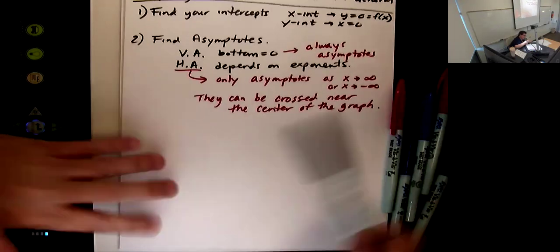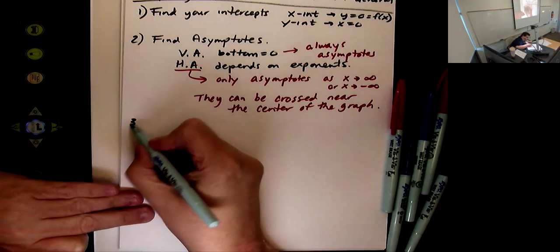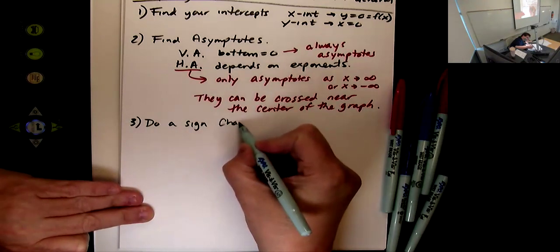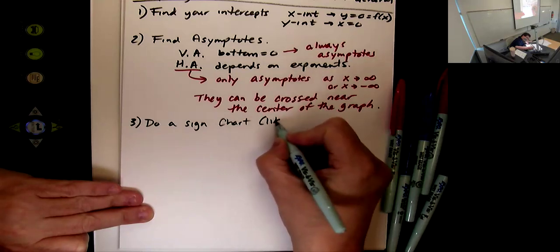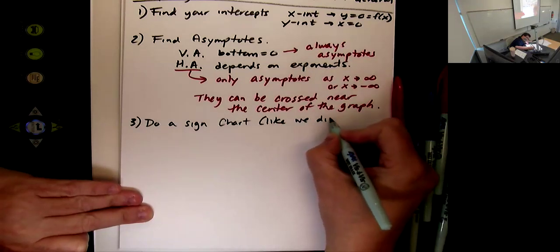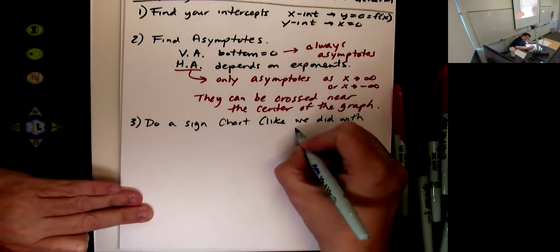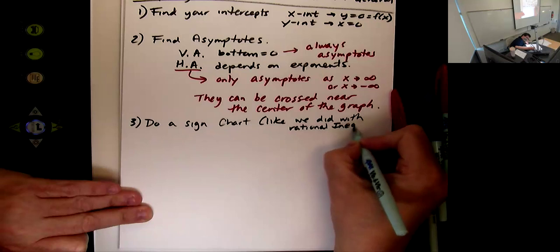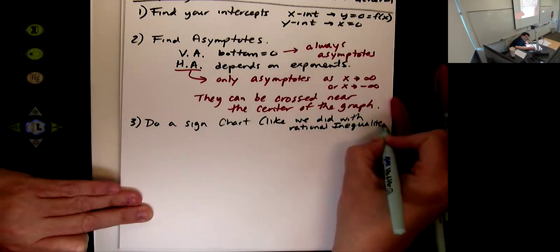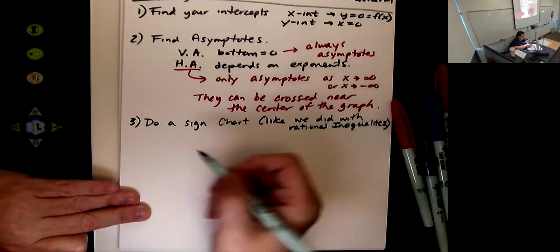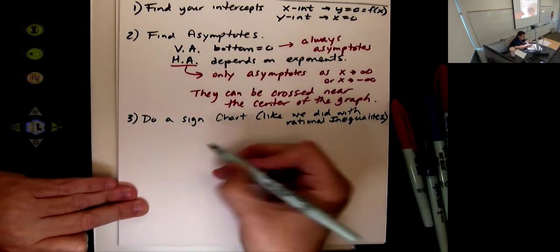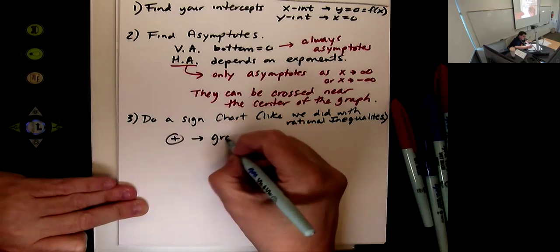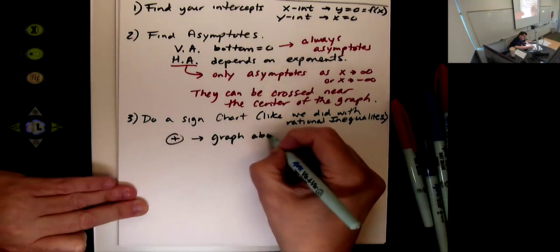And finally, we're going to do a sign chart, like we did with inequalities. In positive regions, the graph is above the x-axis.